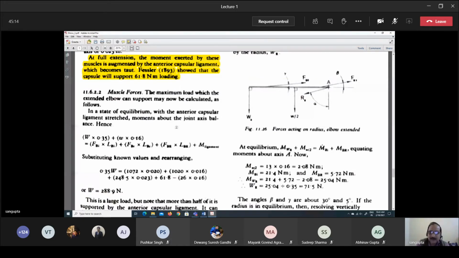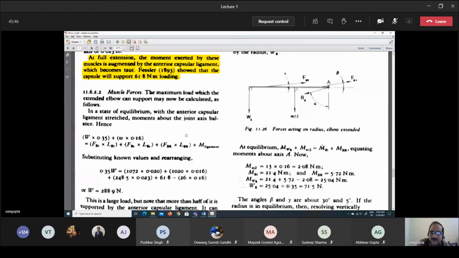This is basically an idea of how you use the static equilibrium equations to find out roughly the contributions of muscles and ligaments. Initially, we have shown you how the contribution of the ligament can be quantified because there is an unbalanced force, and that may cause sliding in the elbow.